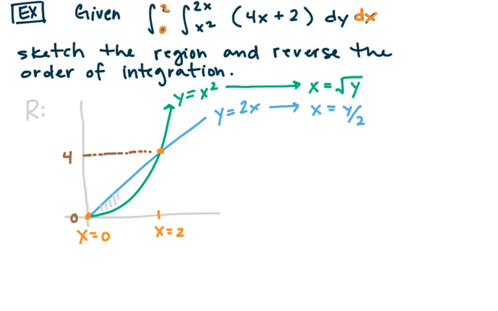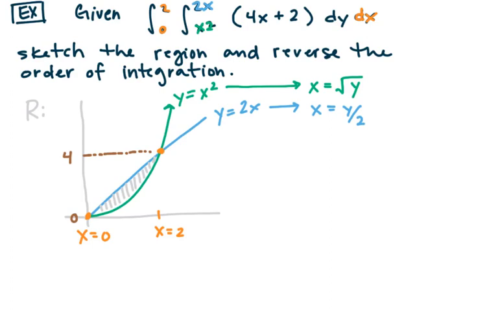So if we want to consider finding the volume between this region and my surface, and we want to change those bounds, we need dx first. The way this is written, we have an upper bound, which is my 2x, that's the function above, and then x squared is my function on the bottom.